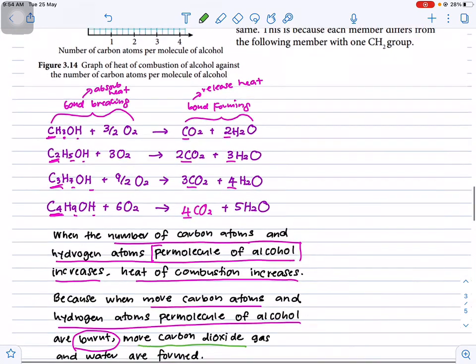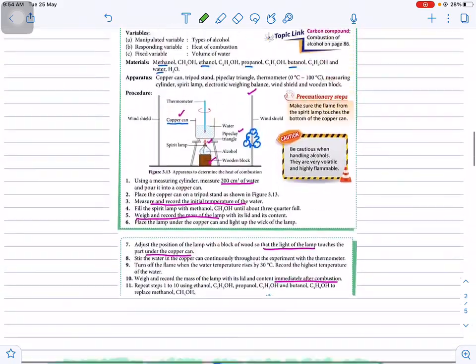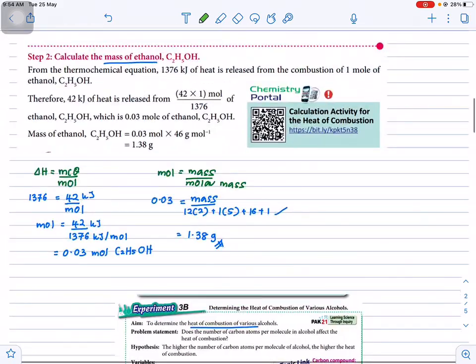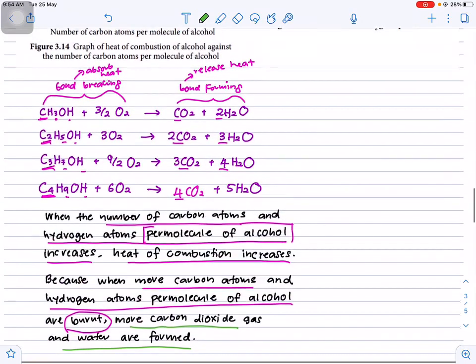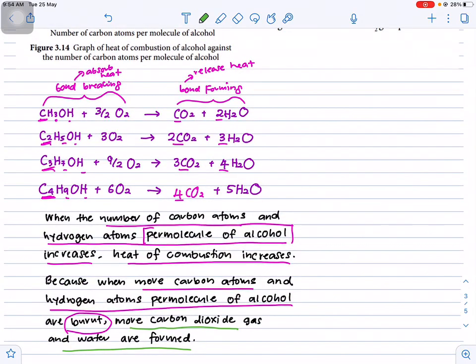Oh, before I end my session, the energy level diagram for the heat of combustion, because heat of combustion is always confirmed exothermic reaction because it is heat release. So you have to draw it like this type of energy level diagram.